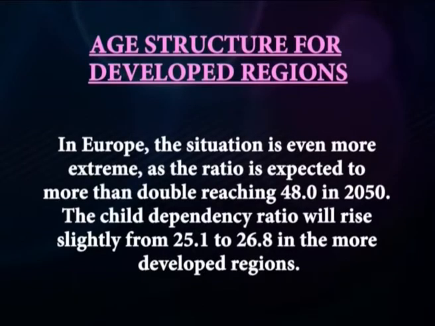In Europe, the situation is even more extreme, as the ratio is expected to more than double, reaching 48 in 2050. The child dependency ratio will rise slightly from 25.1 to 26.8 in the more developed regions.